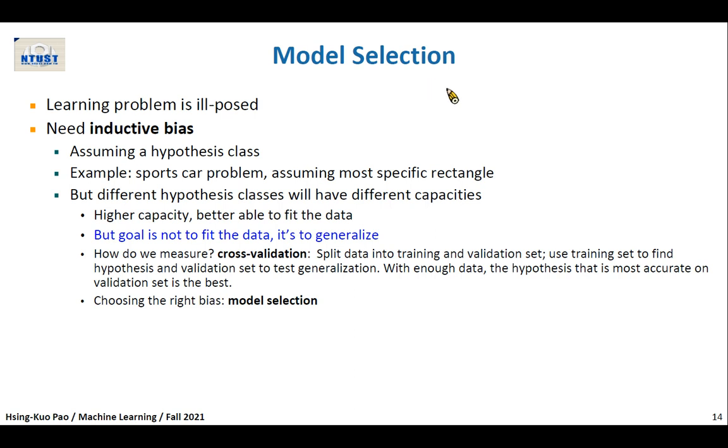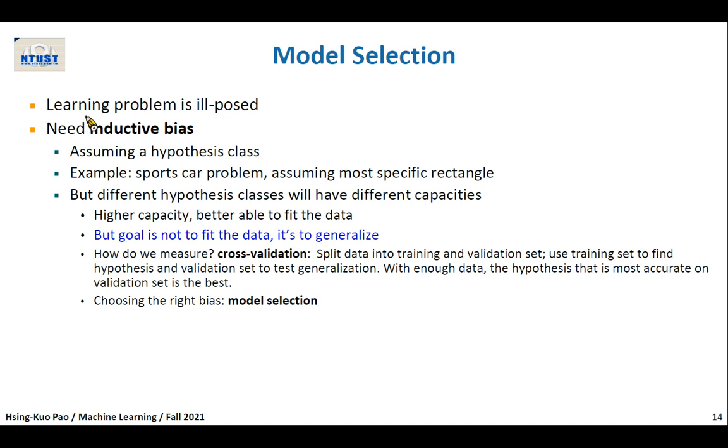So we talked about bias yesterday. More precisely, we talk about inductive bias. Inductive bias means the bias that is necessary to be introduced so that we can solve the induction problem.